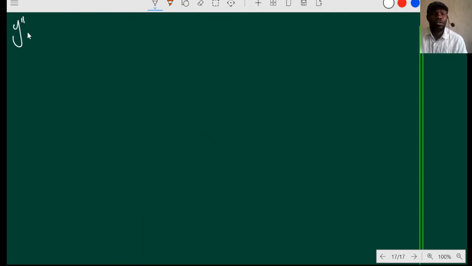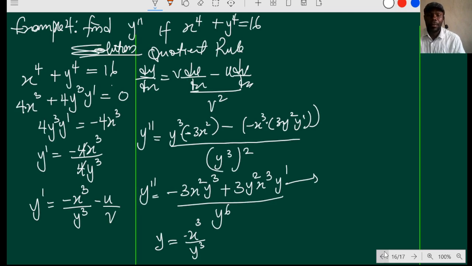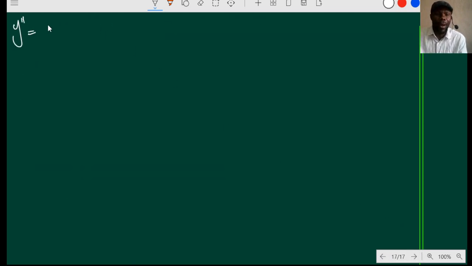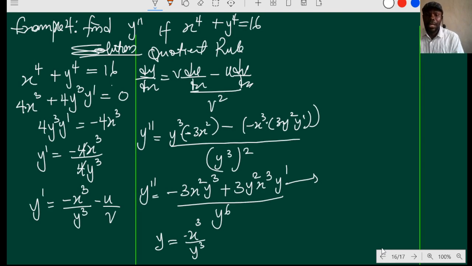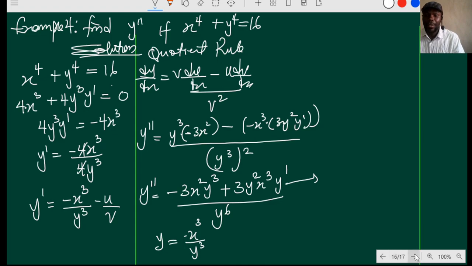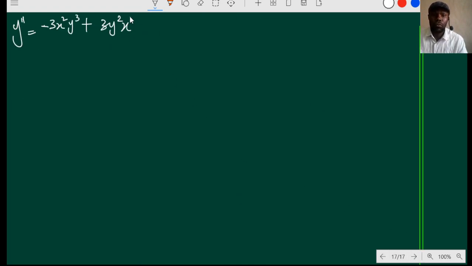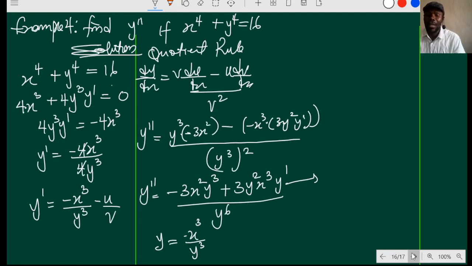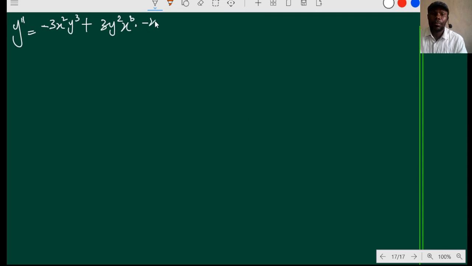Therefore, our y2 will now be minus 3x squared y cubed plus now 3y squared x cubed dot the value of y1, which is minus x cubed over y cubed.